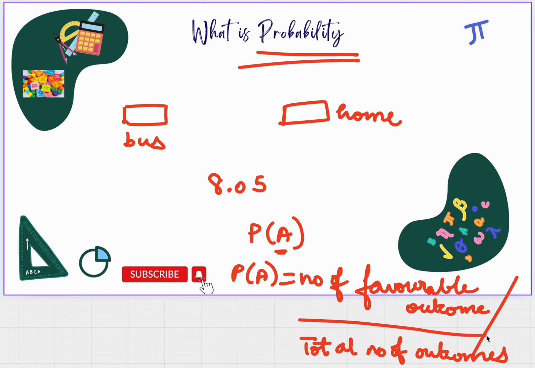So probability is nothing but the number of favorable outcomes by the total number of outcomes.